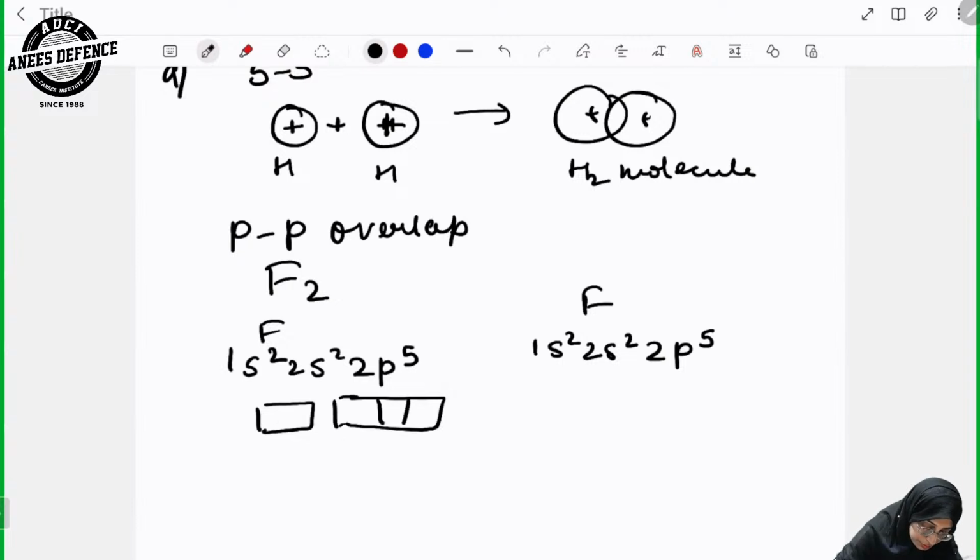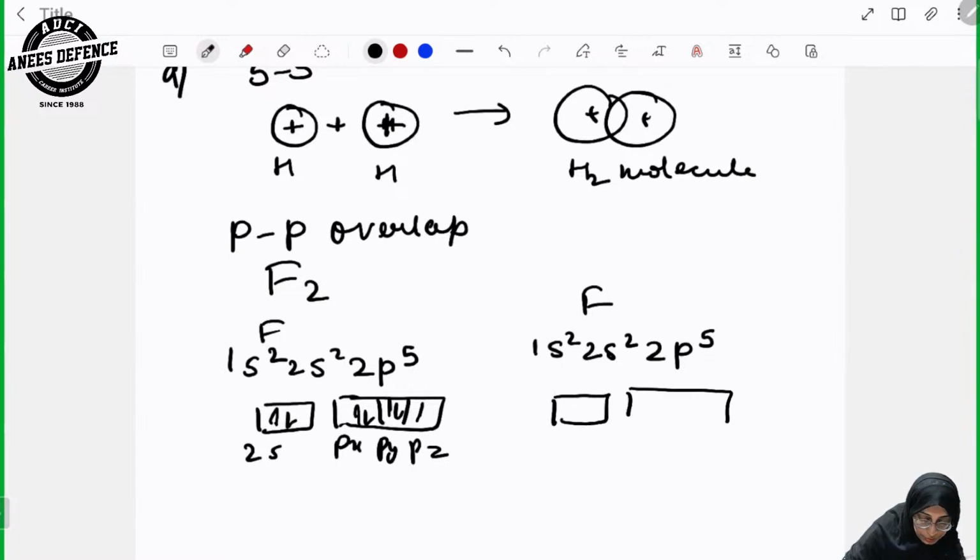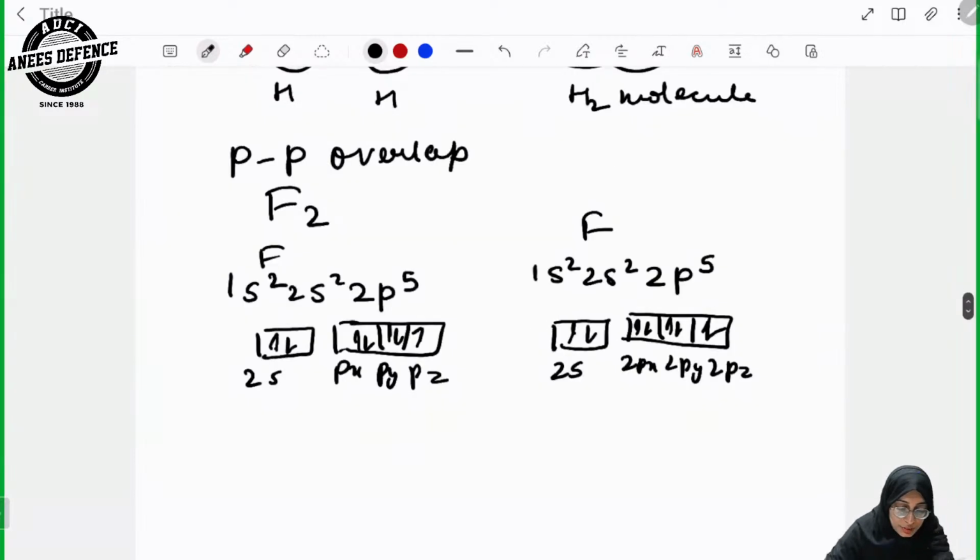We'll see with this: px, py, and pz, and this is 2s. So pz and pz are unpaired. 2s, 2px, 2py, and 2pz. The overlapping will take place between the pz and pz.